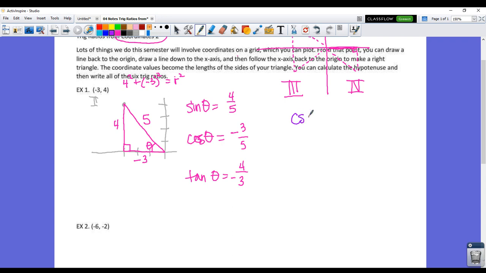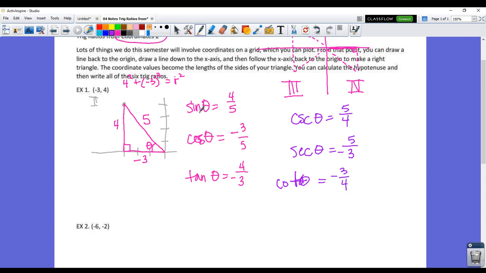So the reciprocals: the cosecant is 5/4, positive over positive. The secant is once again a 5 over a -3, because the x value in the second quadrant is negative. And then the cotangent of theta is going to be -3/4.